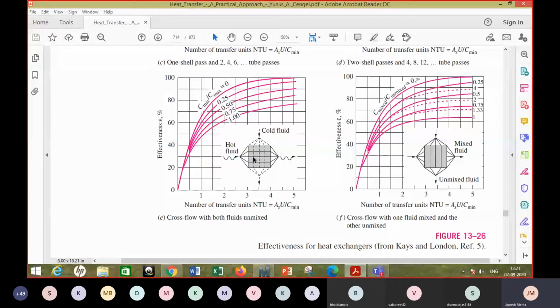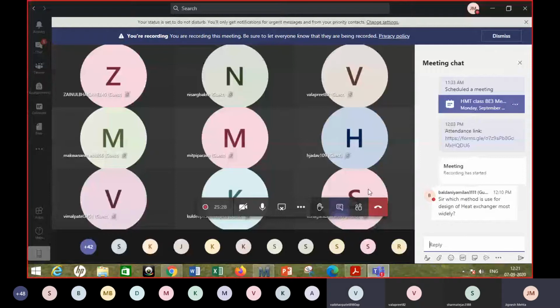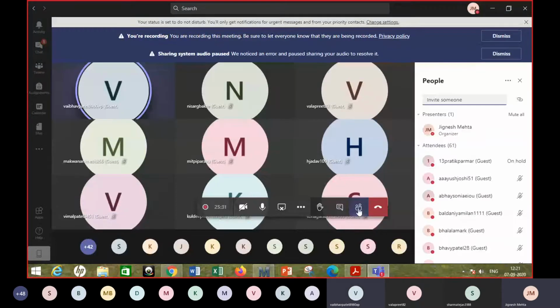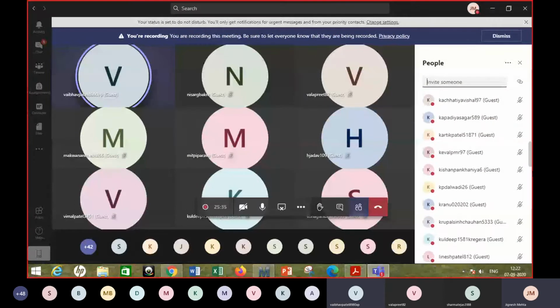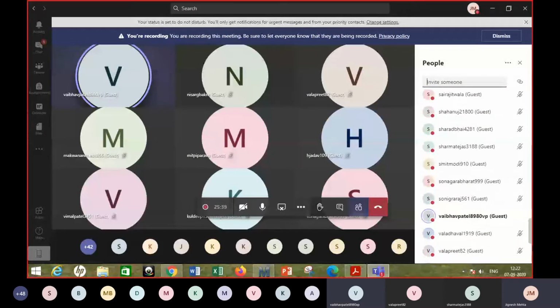That is what unmixed flow is. So whenever you are solving a problem with a cross flow heat exchanger, you have to first check which case it is.